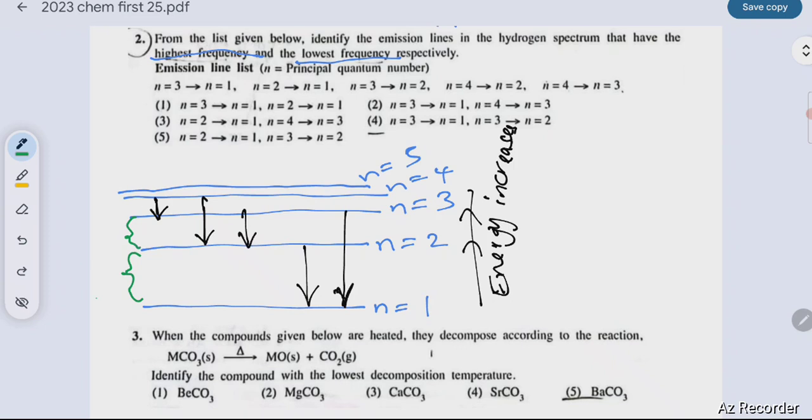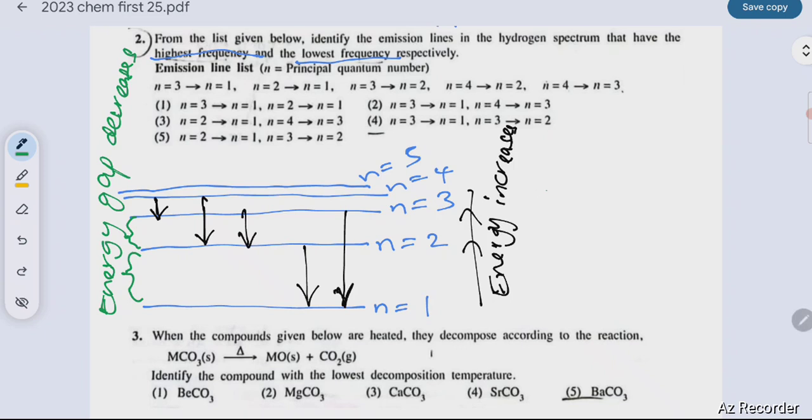What happens? Energy gap decreases, right? Because the energy levels come closer to each other when we move from n equal 1 to n equal 5. Therefore, the energy gap decreases.